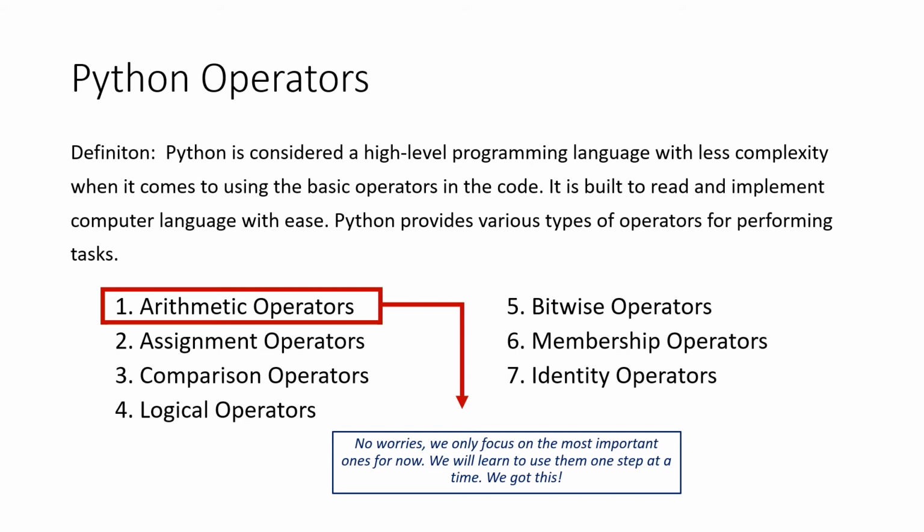Python is considered a high-level programming language with less complexity when it comes to using the basic operators in the code. It is built to read and implement computer language with ease. Python provides various types of operators for performing those tasks. Luckily, we only have to focus on arithmetic operators today, but later on you will get to know more.